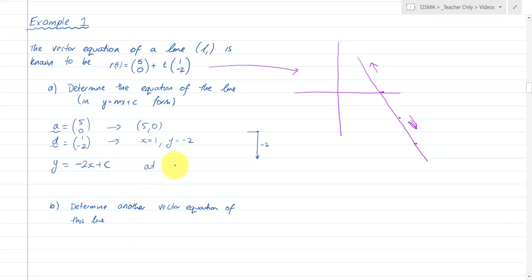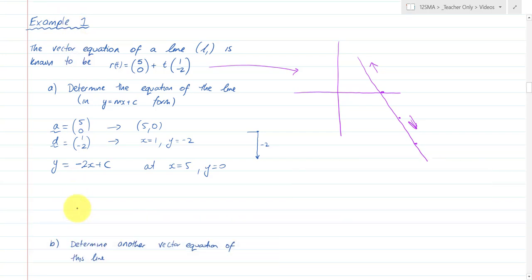And we also know that at x equals 5, y equals 0. So we can use that knowledge to our advantage and recognize that this means 0 equals -2 times 5 plus c. So of course c equals 10 and y is equal to -2x plus 10, which can be rearranged in a couple of different ways depending on what's being asked for. So that's the equation of that line.